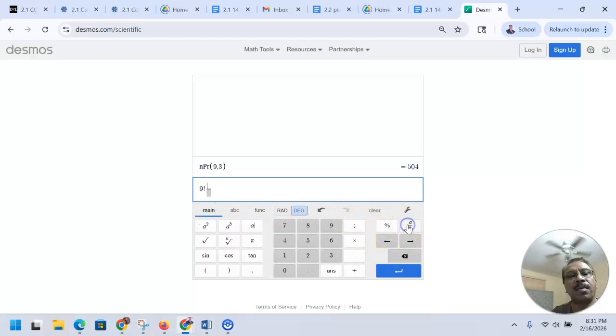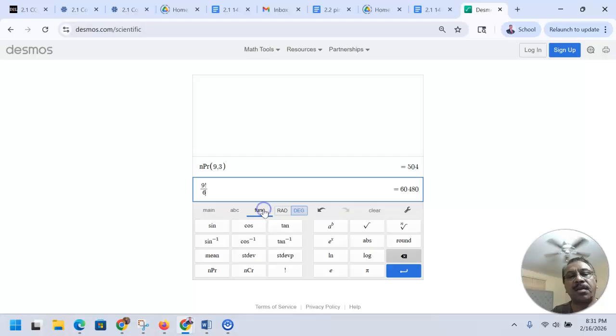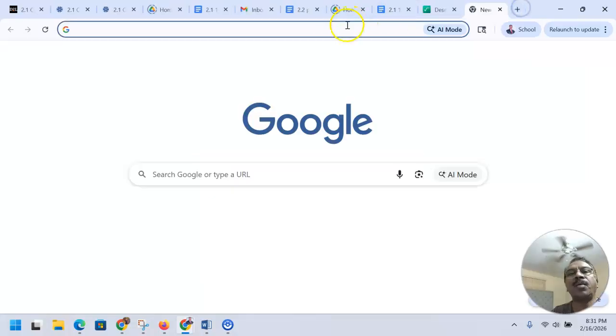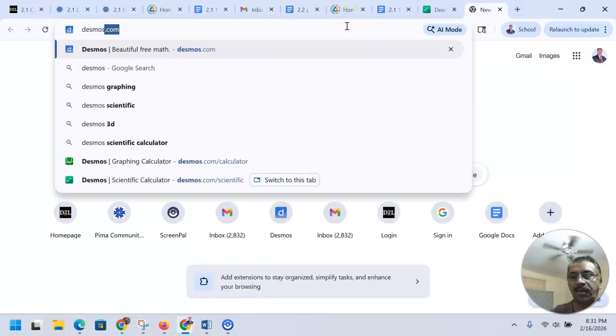Sorry, I made a mistake. Divide, and you can put 6 factorial also. So you put 6 and go to the function. See, you get the same answer. As we progress, we are going to do shortcuts like this, a quicker way to do it.